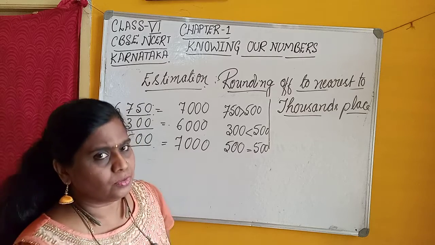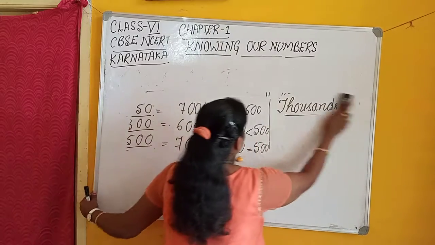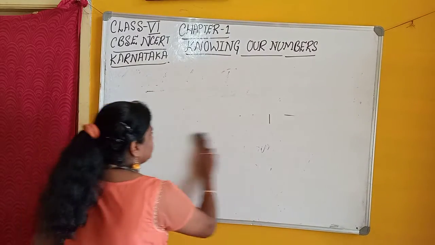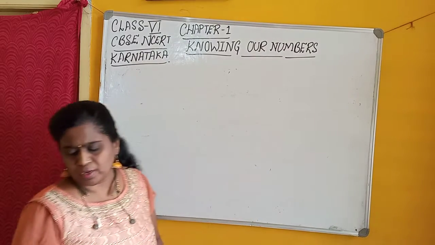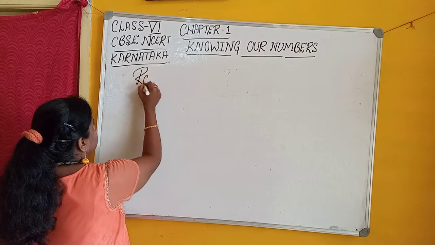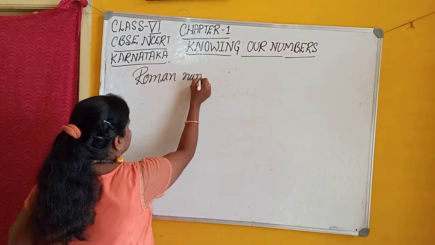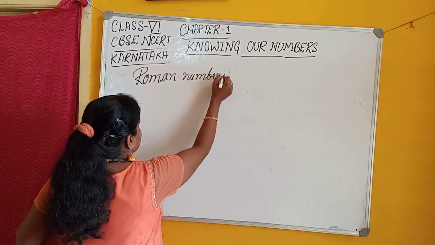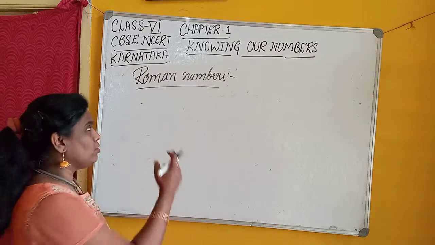Now let's move on to the study. Our next topic is the Roman numbers. The basic Roman numbers are, you have seen in the question paper, the names are written in Roman numbers.